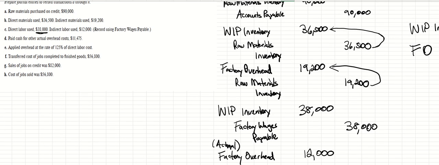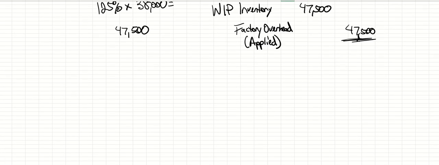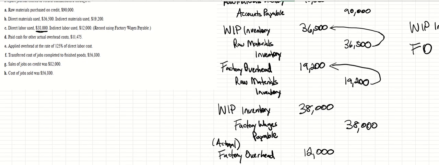Let's see. Letter F, transfer cost of jobs completed to finished goods for $56,800. Okay, so we're going to credit WIP inventory for $56,800 because they let us know that the jobs were completed and transferred to finished goods. Finished goods is just another inventory account.